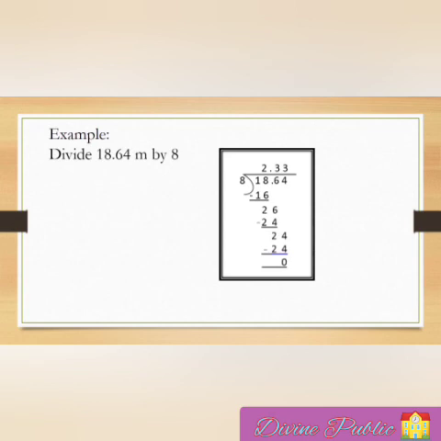So simply we will divide 18.64 by 8, and after dividing we will get the quotient 2.33. That will be our answer. Therefore 18.64 meter divided by 8 will be equal to 2.33 meter.